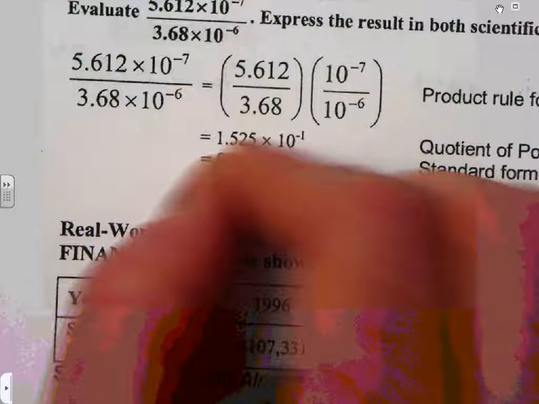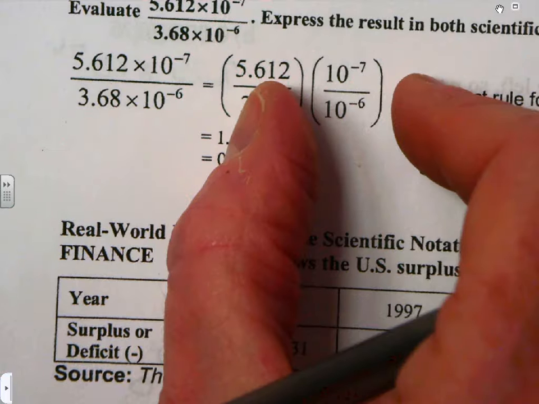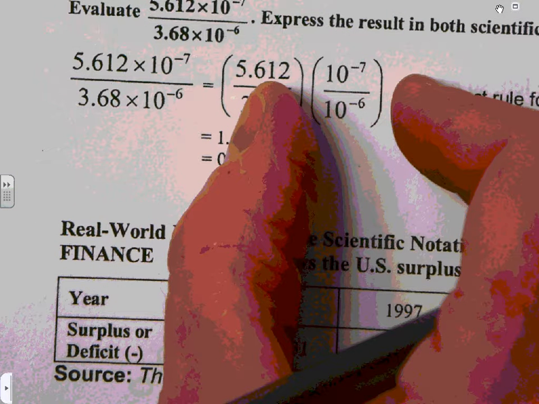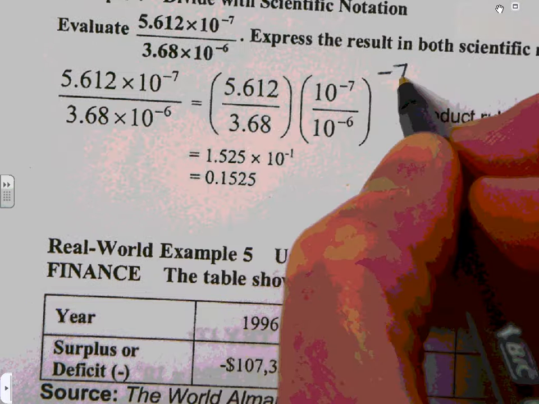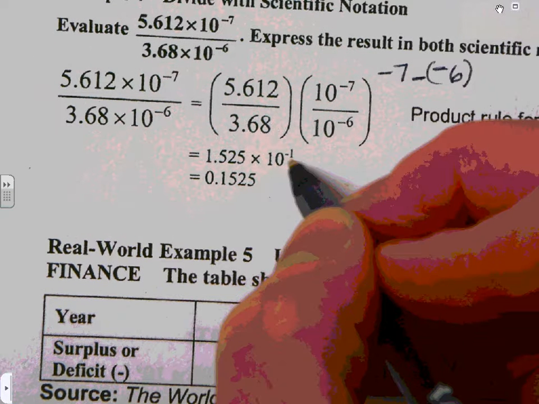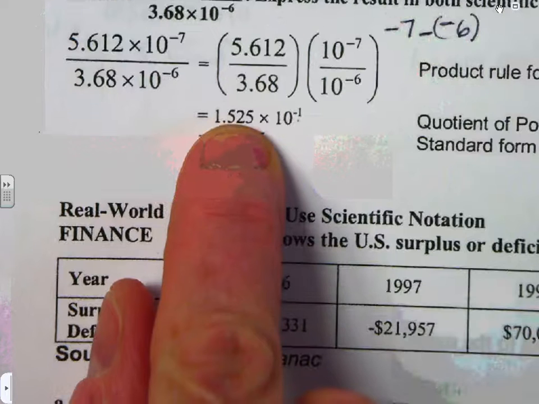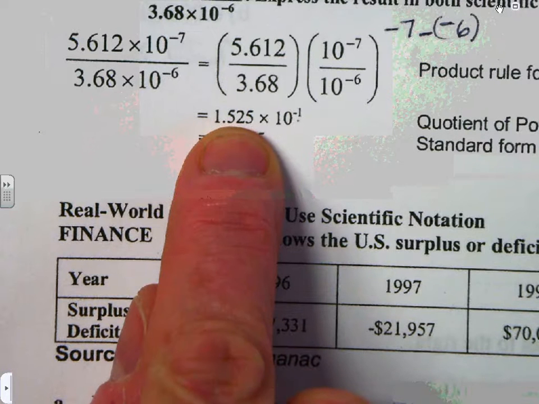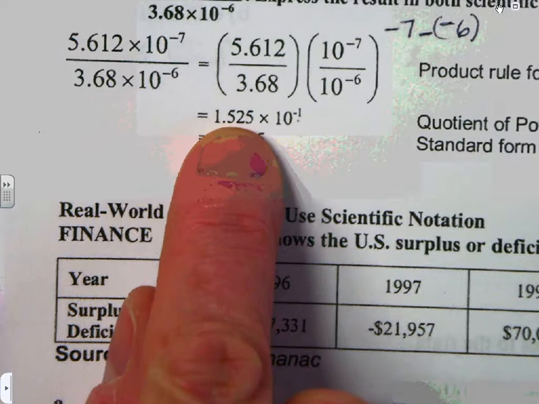But what do we do to exponents on bases that match? When we divide, we subtract. So you have a -7 minus the -6. So you got a -1. And that's your answer. Is it in scientific notation? Yes. If it says yes, don't move it.